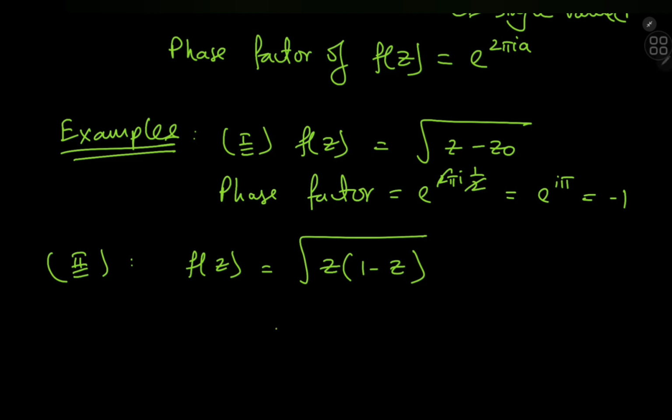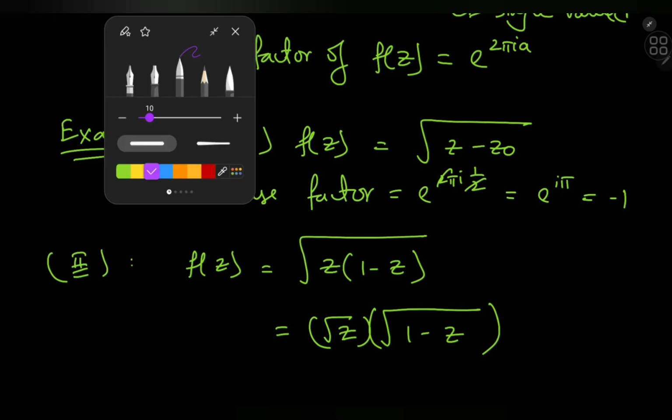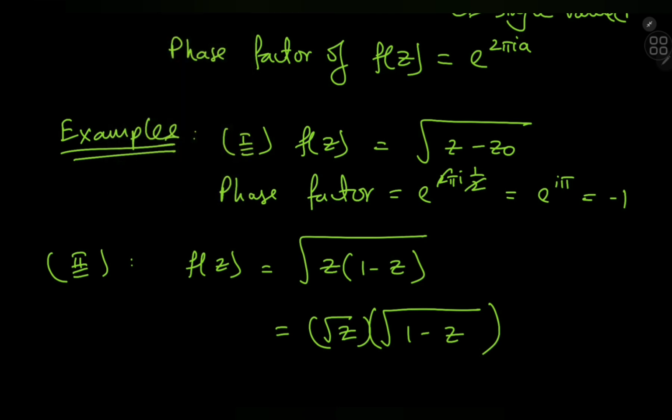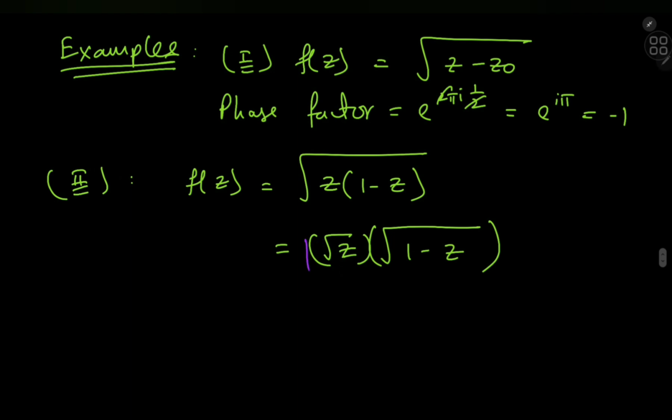Well, if we write this as a product of functions root z and root (1 minus z), and we talk about a branch cut for this function here, we know that any branch cut that makes square root z continuous will also work for the function square root of (1 minus z) because it's the same phase factor, right?